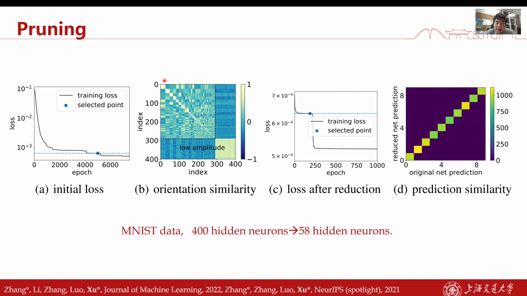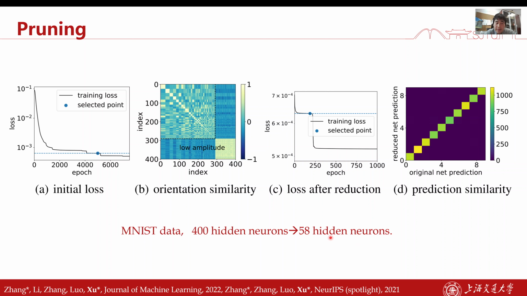We can see that many neurons have large similarities in their input weights, so we can combine these neurons into one. Finally, we compress these 400 neurons into 58 neurons.